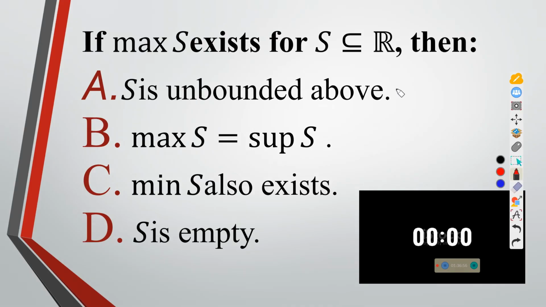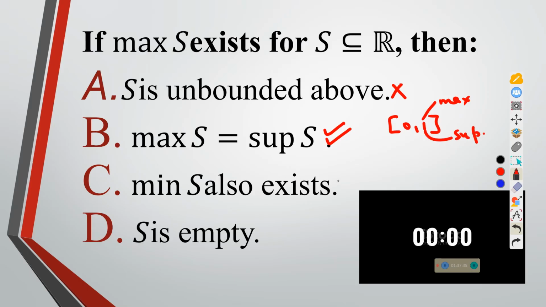S is unbounded above. If the maximum is there, remember maximum is the greatest element in that set, so it means S will be bounded above. Maximum is equal to supremum. This is very true because if the maximum exists, then the maximum is the same as the supremum. The greatest element in S is the least upper bound, and it means the maximum of S is an upper bound. Because when you look at this set 0, 1, if this is our maximum, it still qualifies to be the supremum.